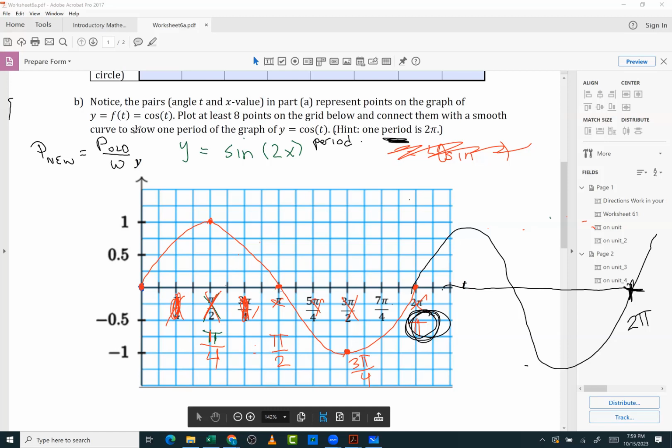For sine and cosine, and I don't think we're doing secant or cosecant in this class, as far as graphing, the period is always 2 pi because it's a full revolution around the circle. Okay, so my new period is equal to 2 pi over omega.